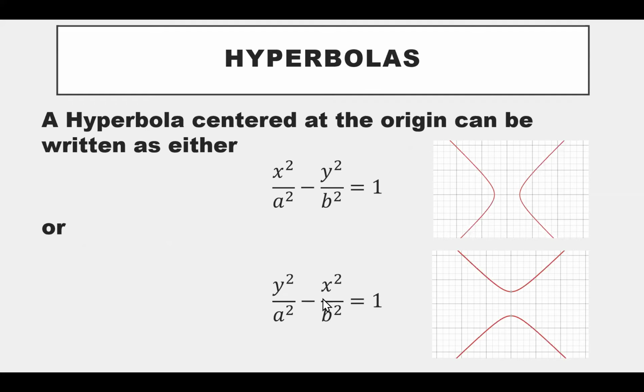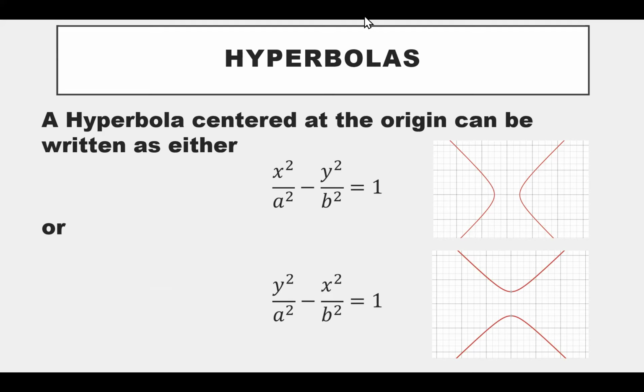If the b part is underneath the x, then the slopes of the asymptotes for these hyperbolas will be a over b. Think of the slope being change in y over change in x, and so we do the number underneath the y over the number underneath the x. And we'll take the positive and negative versions of those.